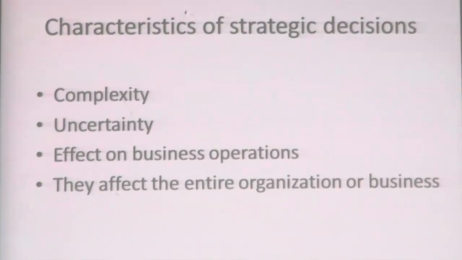What are the characteristics? Complexity, uncertainty, effect on business operation, affect the entire organization or business. Complexity: when taking decision there is a huge complexity. Why did you decide to do this chartered accountancy examination after A level?